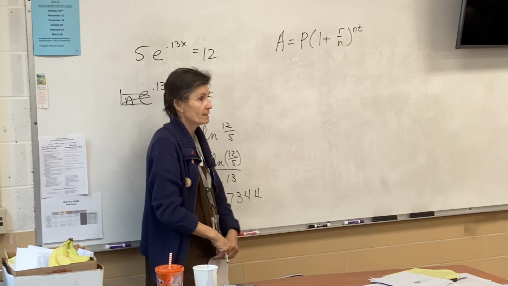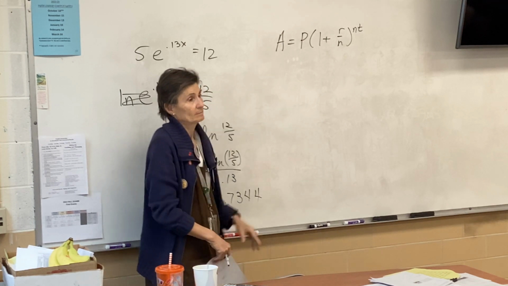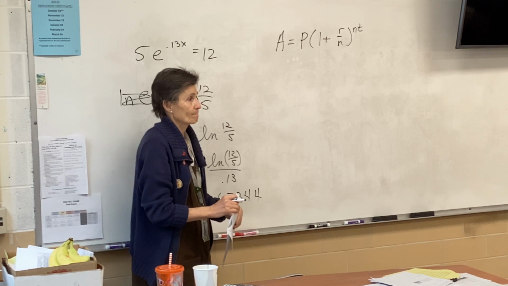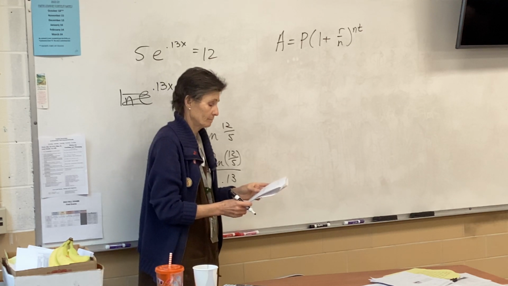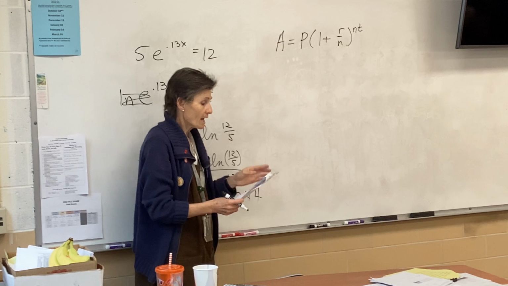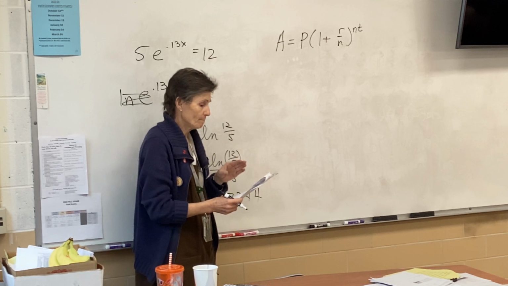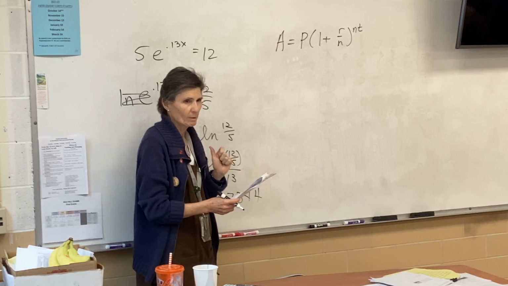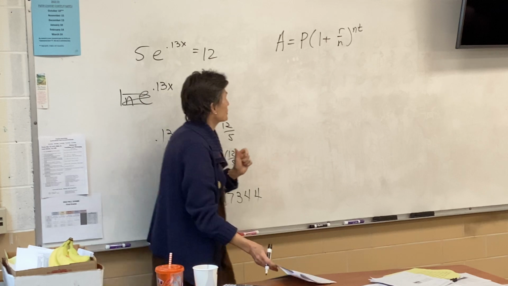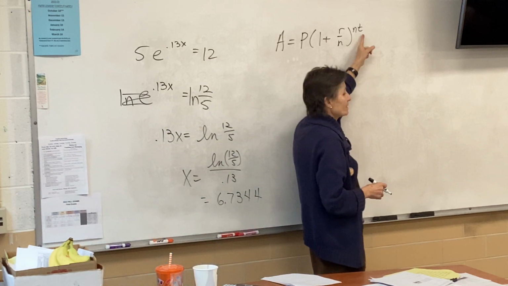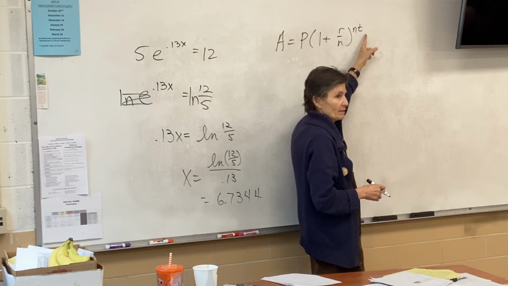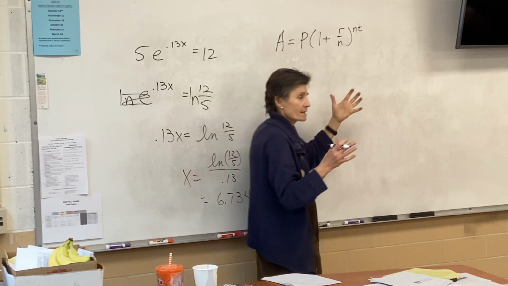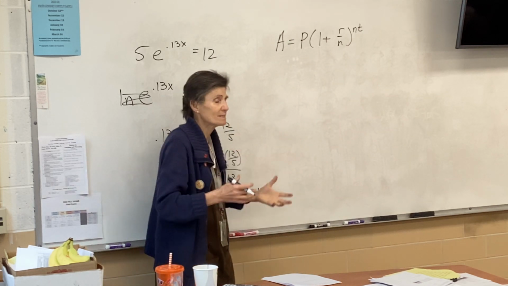Compounded monthly is that formula. As I read the problem, I notice that there's really only one number in the whole thing, and that's 11 years. So I think my T is going to be 11. But what about the rest? I gotta have other numbers. What's going on here?